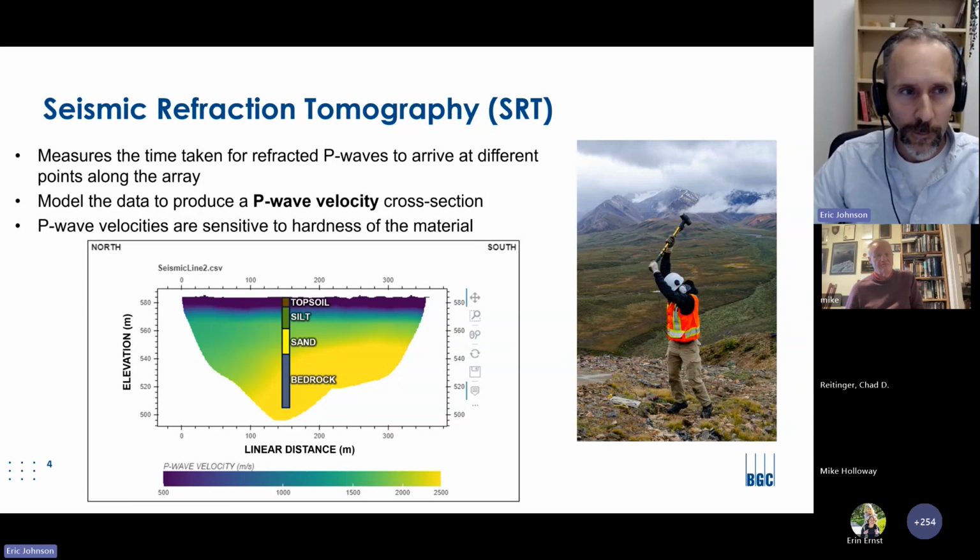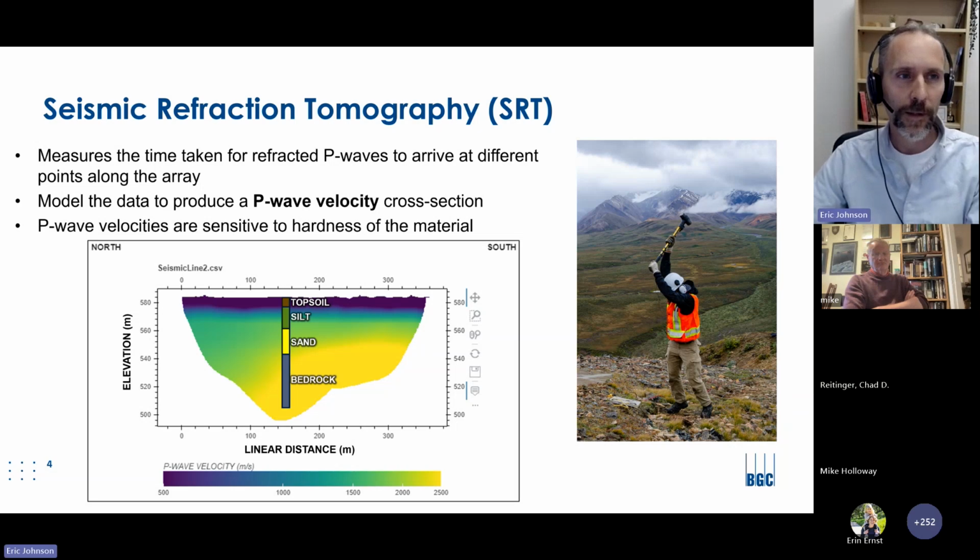In this case, we're getting velocities of over 2,500 meters per second, whereas the blue colors represent slow P-wave velocities, which match where there is loose topsoil with velocities in the hundreds of meters per second. This is generally the traditional approach of correlating borehole logs with geophysics data.